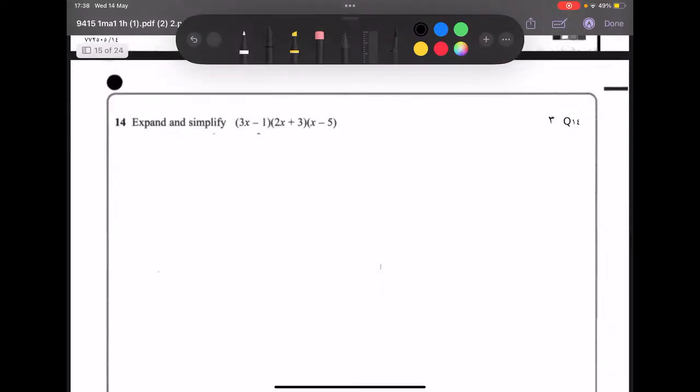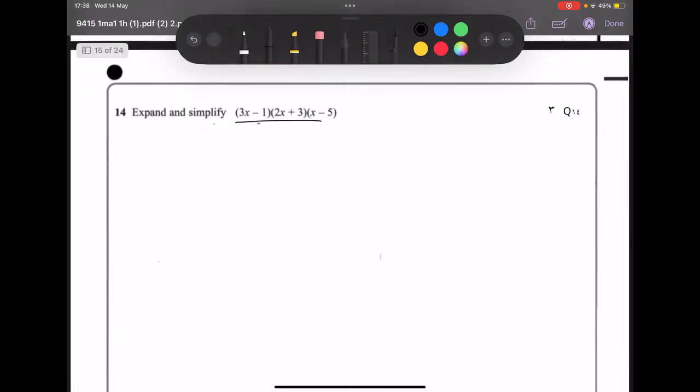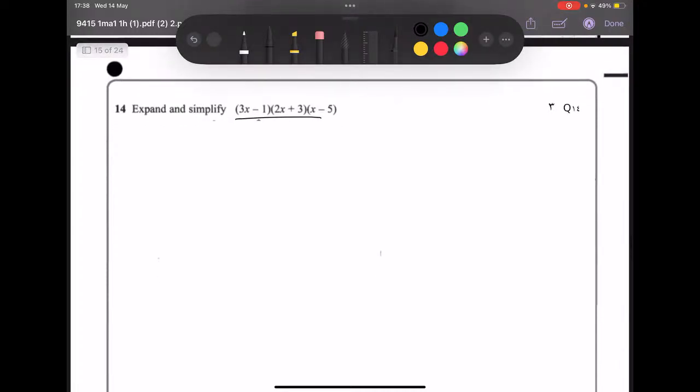Now moving on to question number 14. Question 14 is a triple bracket expansion. The way you do a triple bracket expansion is you start off with the first 2 brackets, or whichever 2 brackets look easier. In this case, x minus 5 is easier, so we'll leave that for the last one, as we'll be timesing it by a quadratic. 3x times by 2x is 6x squared. 3x times by 3 is plus 9x.